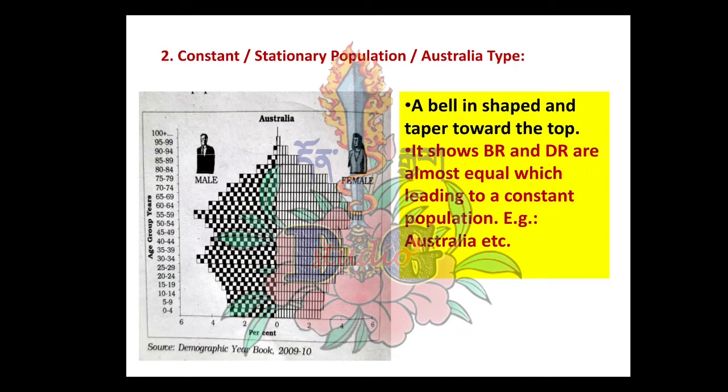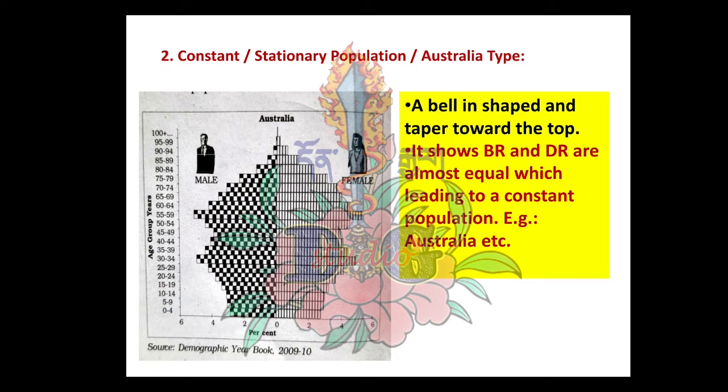This type of population pyramid is called a bell-shaped population pyramid. Bell means the bell that we usually see in churches and temples.